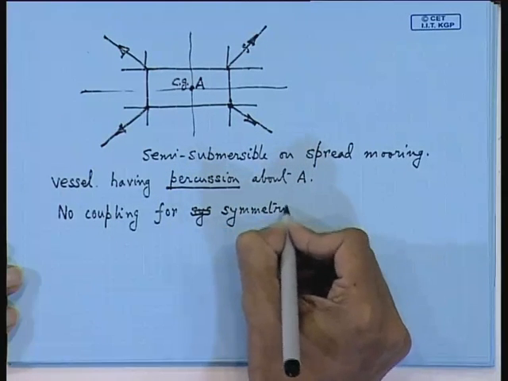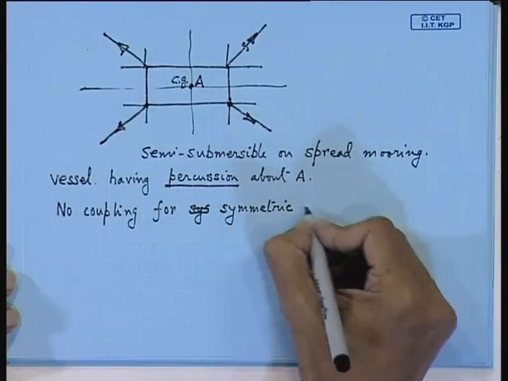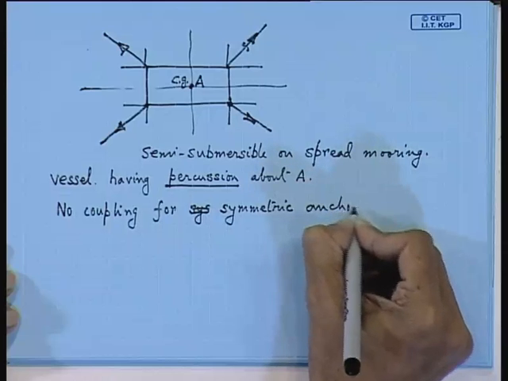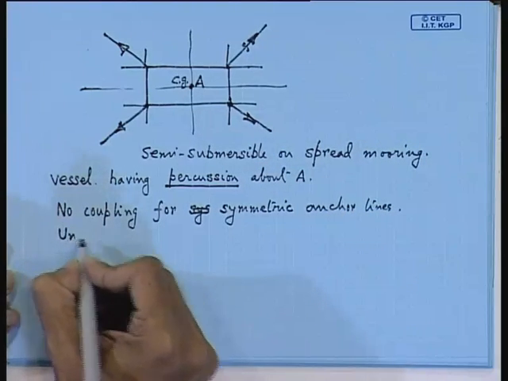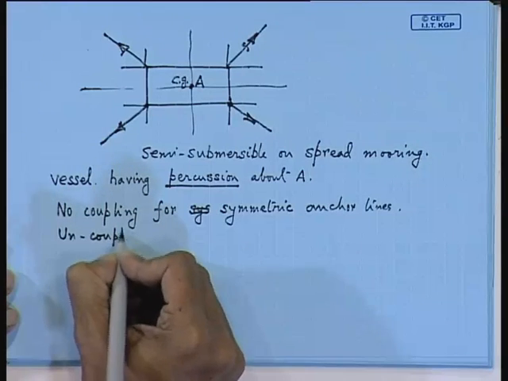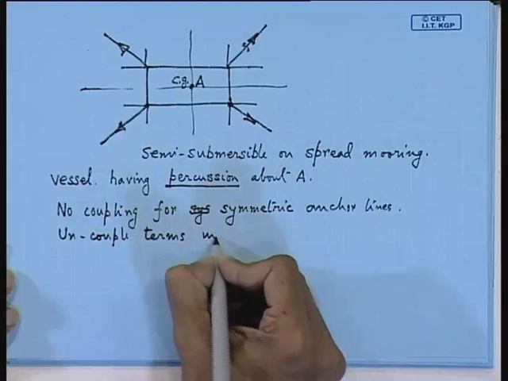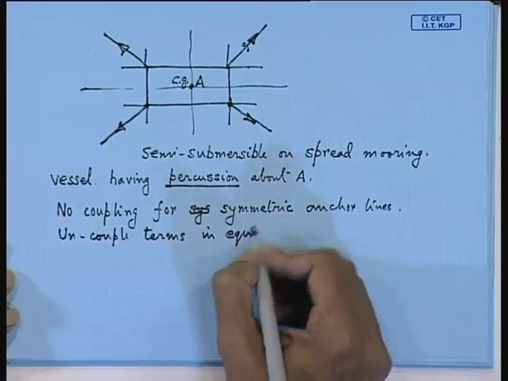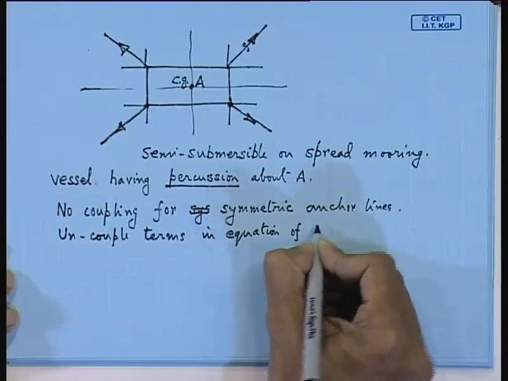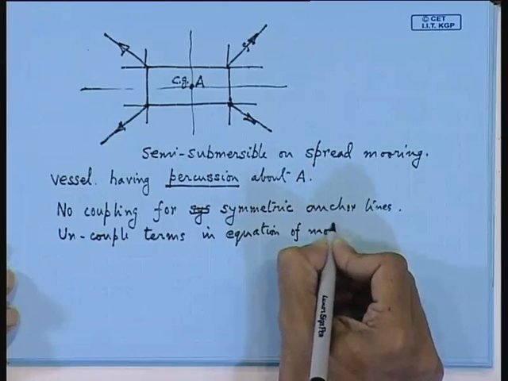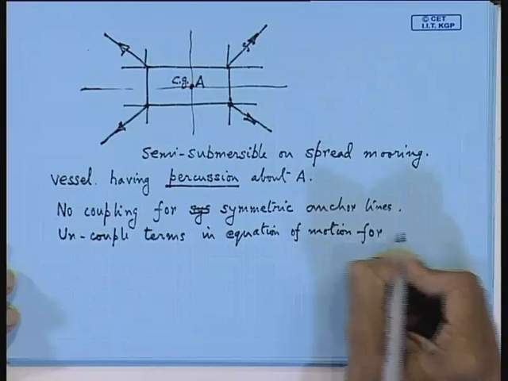Now the job actually becomes more difficult for formulating your equation of motion, with no coupling for symmetric anchor lines. Now you have to uncouple terms in the equation of motion, and this is actually more complicated in the equation of motion for unsymmetrical anchor lines.